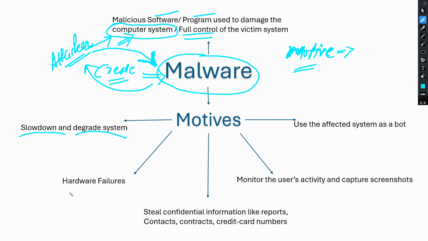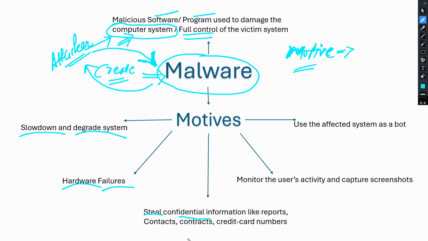Second would be hardware failure. They fail the hardware. How? To consume the resources, to put malicious binary code into the drives or in RAM or in any way. Okay, hardware failures.